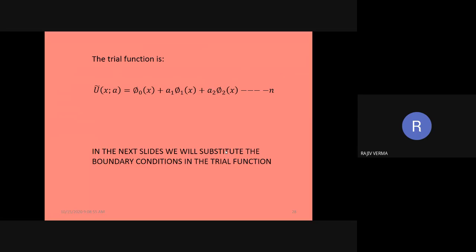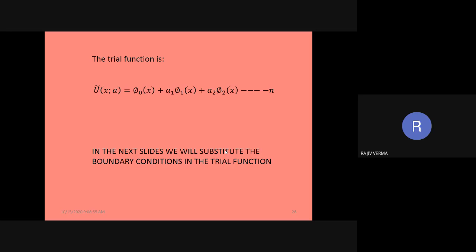Also notice that in the trial function which is on display, there happens to be a first term represented by phi naught, which is not multiplied by any a. It is a polynomial, of course, but this particular phi naught is not multiplied by any term a.